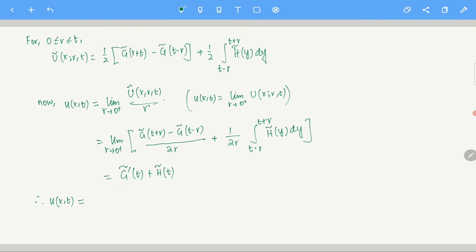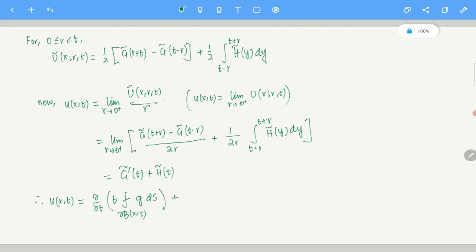If you put in what capital G is, it is the average of small g, right? So this is del t of t times the average over del B(x,t) of small g dS.